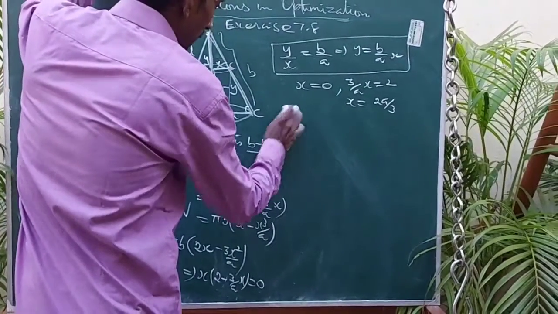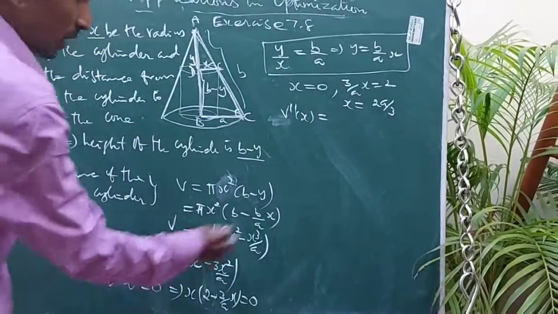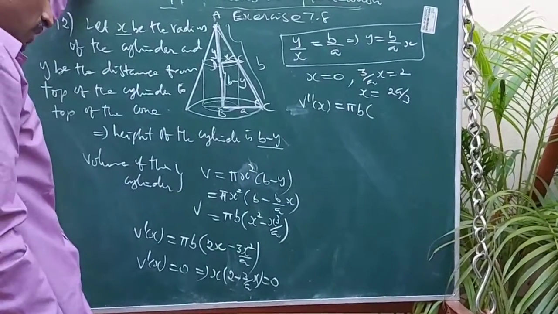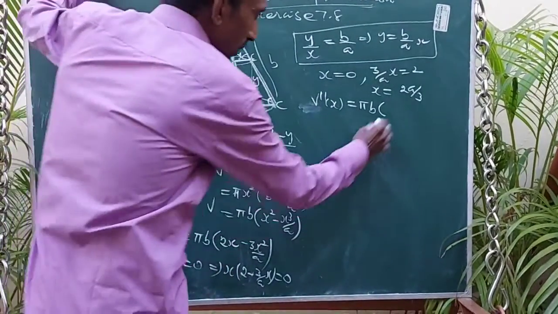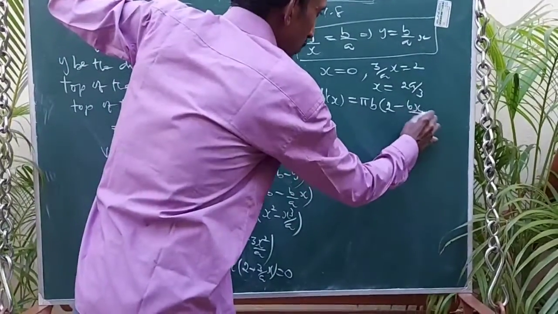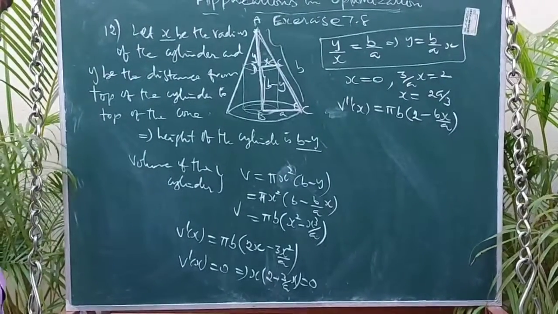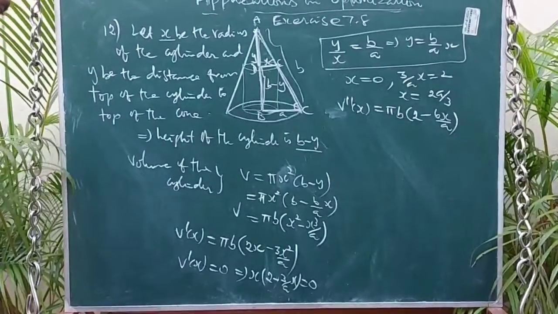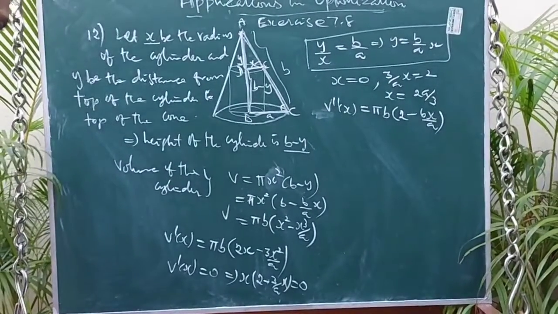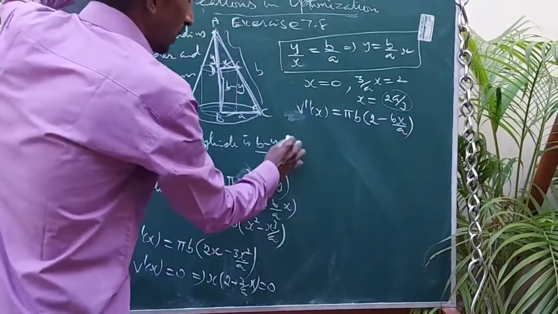So now find the second derivative. V double dash of x. Pi b is a constant. Differentiation of 2x is 2, minus the differentiation of this, which is 6x by a. Are you clear? Pi b into 2 minus 6x by a. Now we have to put x equal to 2a by 3.